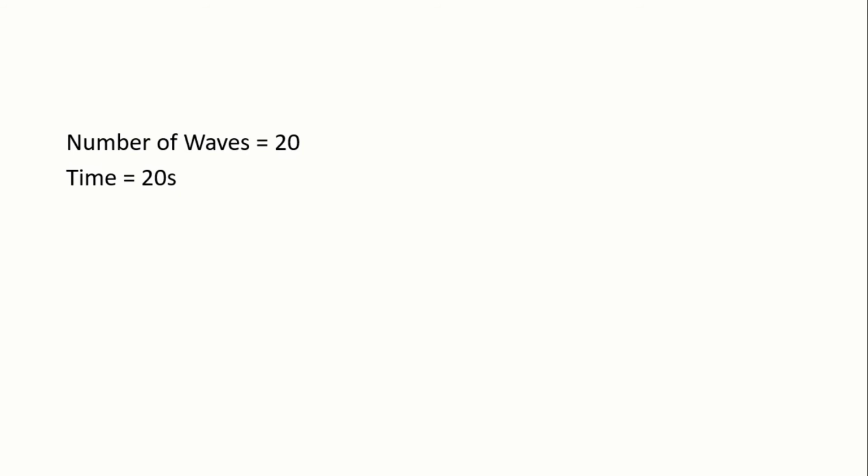So if the frequency is the number of waves per second, or the number of waves divided by the seconds, then I get 20 waves divided by 20 seconds, or a frequency of 1 Hz. Please note that the frequency doesn't need to be an integer number. You can get 1.5 Hz, for example.